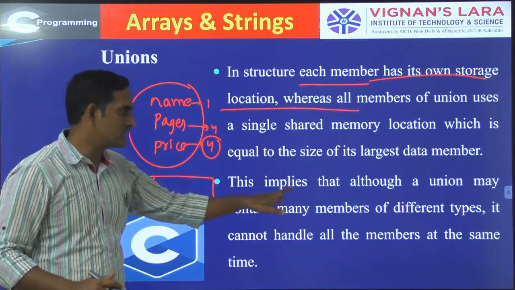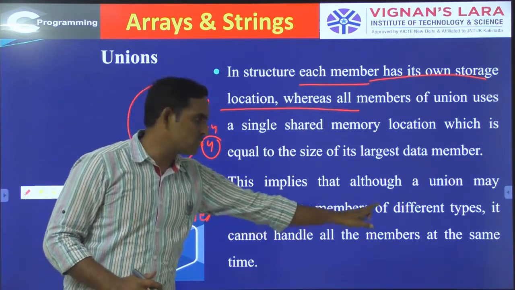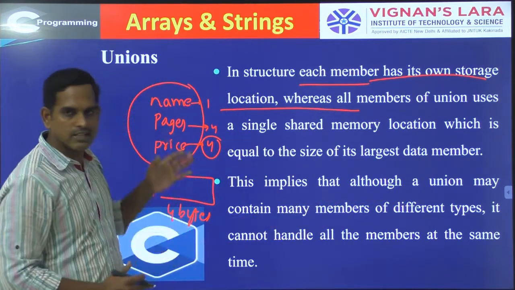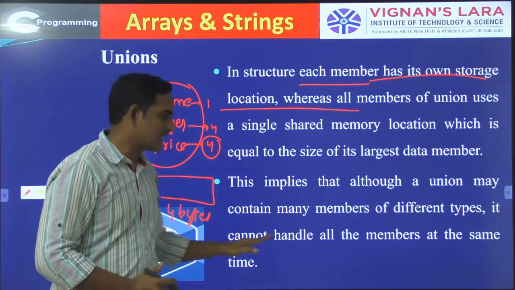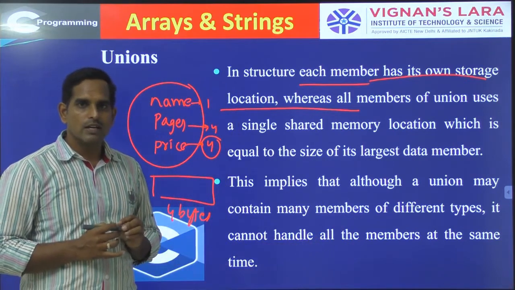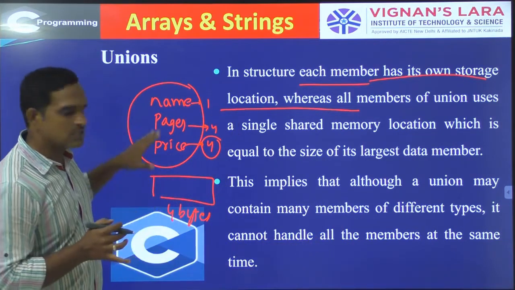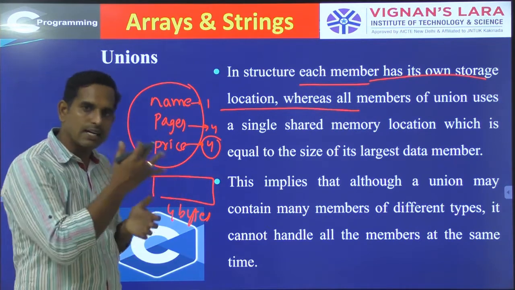So this implies that although a union may contain many members of different types, just like structure, it cannot handle all the members at the same time. Okay, so the difference is, in a structure you can access the name, pages and price at the same time.